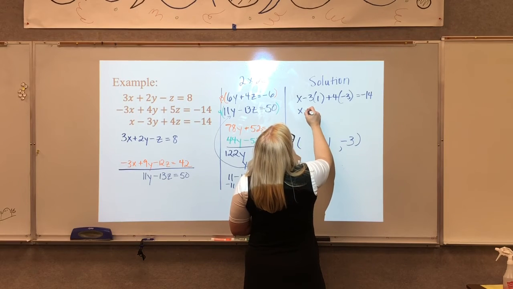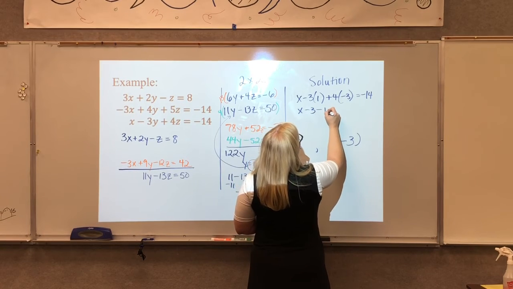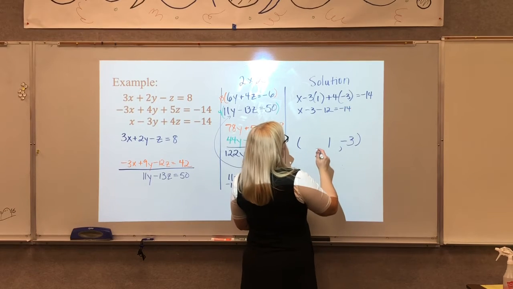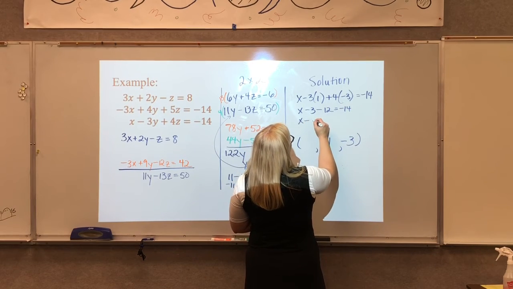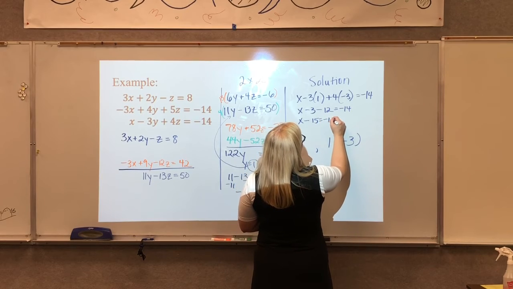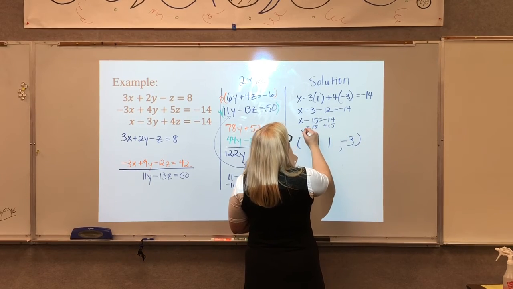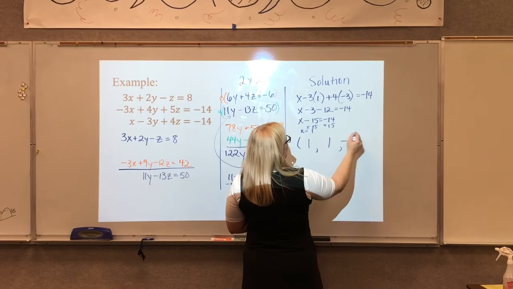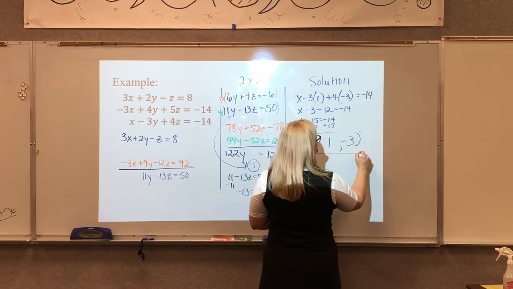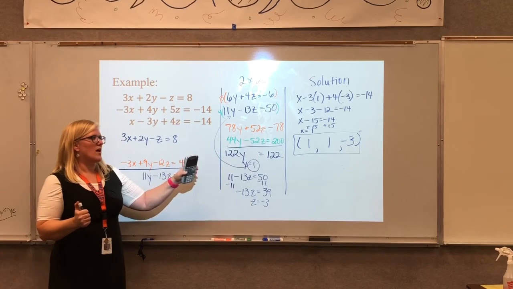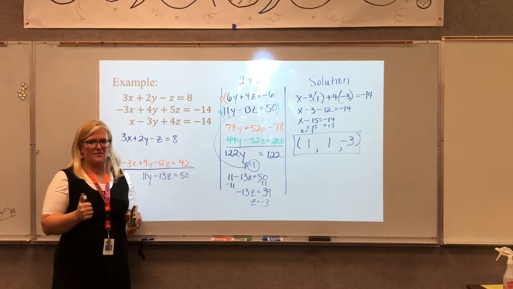So x minus 3 minus 12 equals negative 14, and x minus 15 equals negative 14. I add 15 to both sides, and I get x equals 1. So my solution to this system is 1, 1, negative 3.